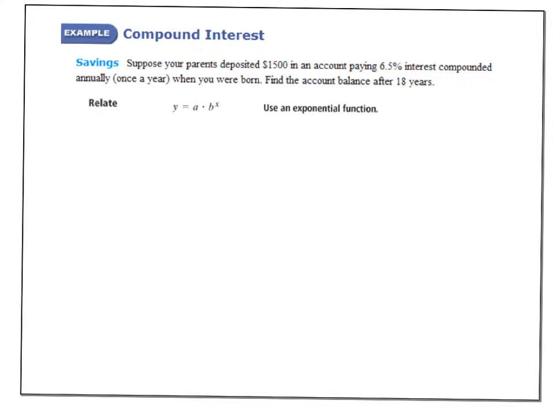Read this compound interest problem. So your parents gave you $1,500, and the bank, in order to use your money to lend to other people, will pay you what is called interest.